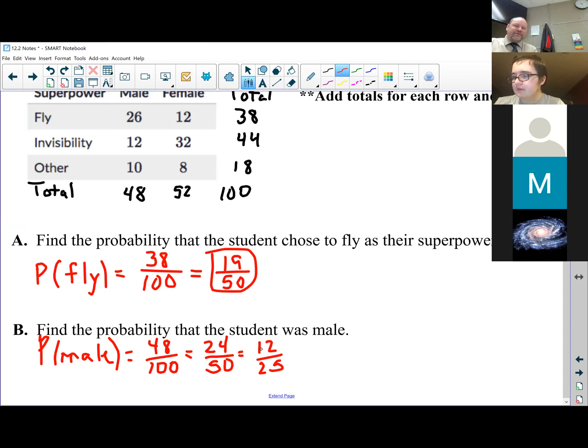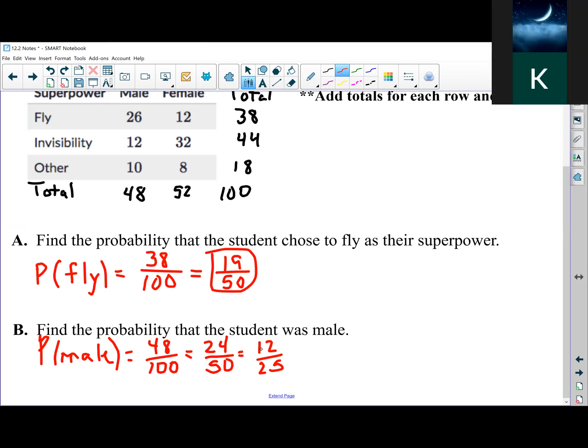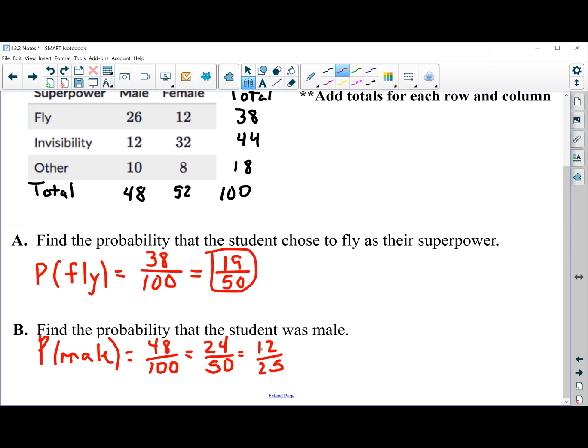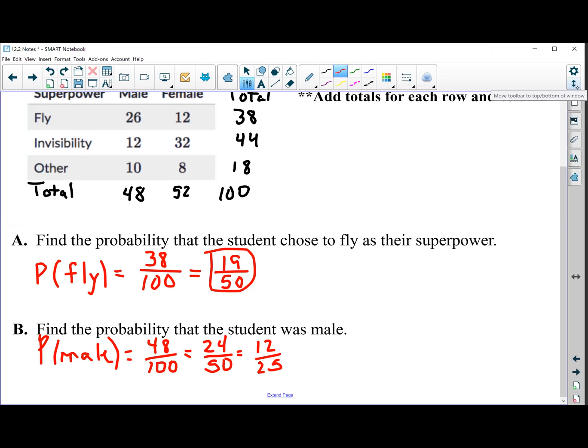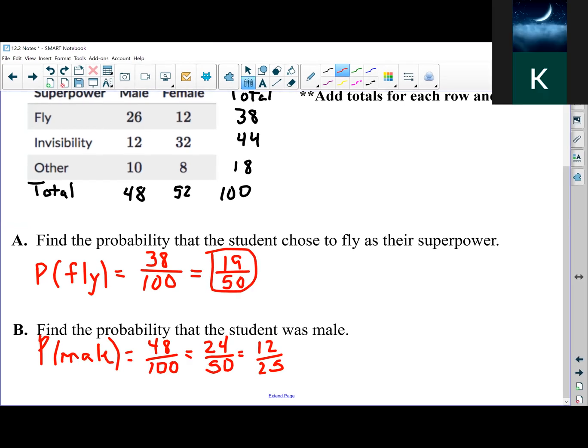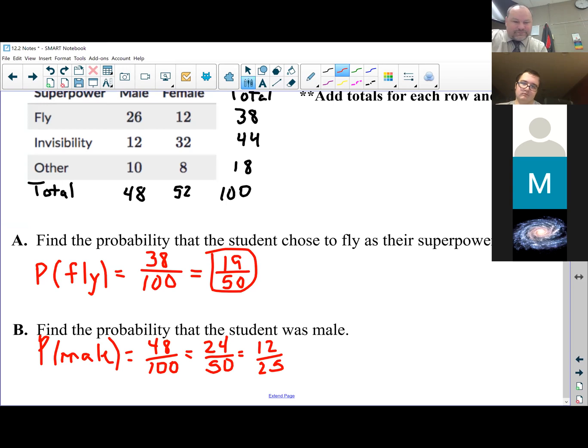Does 12 over 25 reduce? 12 over 25 does not reduce.